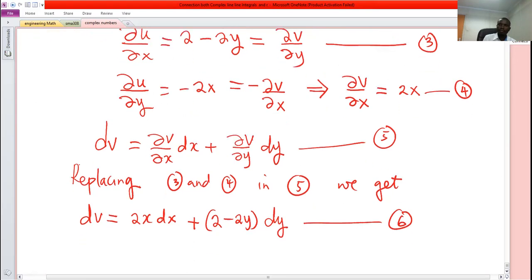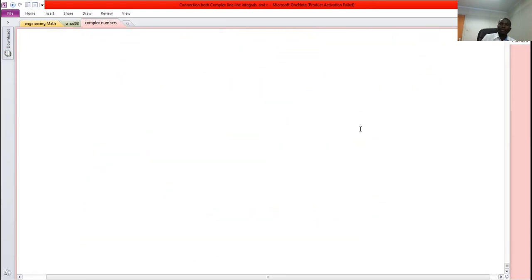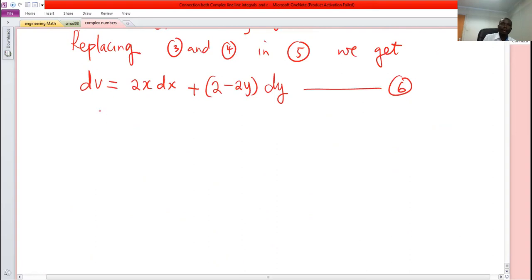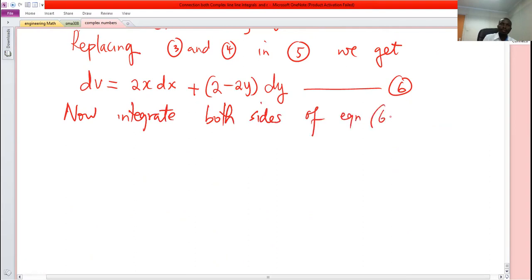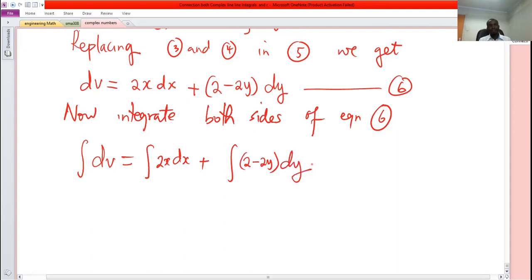So to get v, now integrate both sides of equation 6. So that is integral dv equals integral 2x dx plus integral of 2 minus 2y dy.